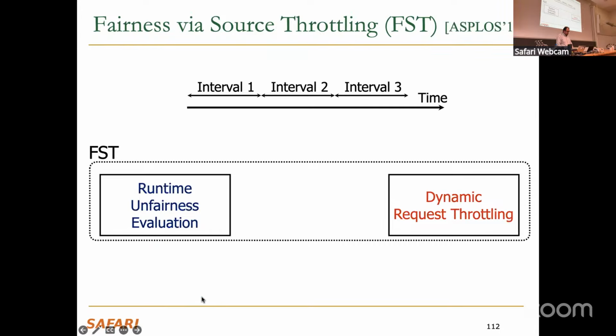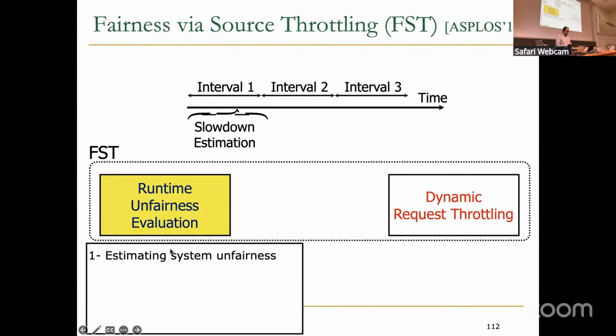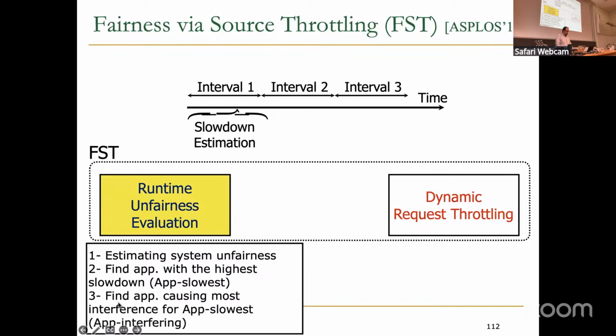Okay, so this technique, again, also has different intervals. In some interval, we do a slowdown estimation, which is a kind of runtime unfairness evaluation, estimating the system unfairness, find application with the highest slowdown, and find application causing the most interference for that application with the highest slowdown.